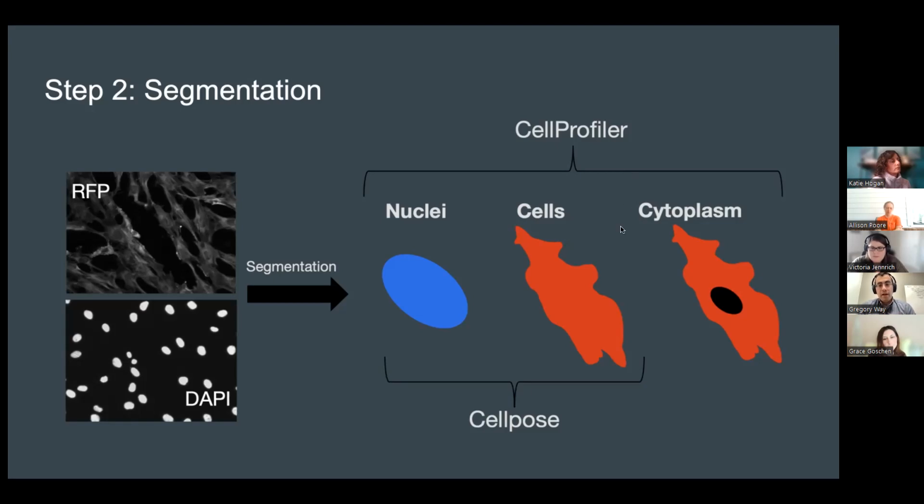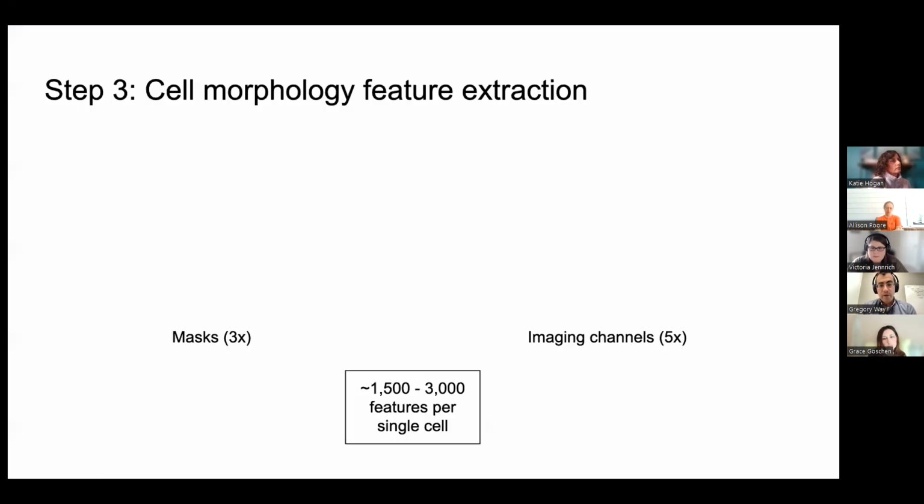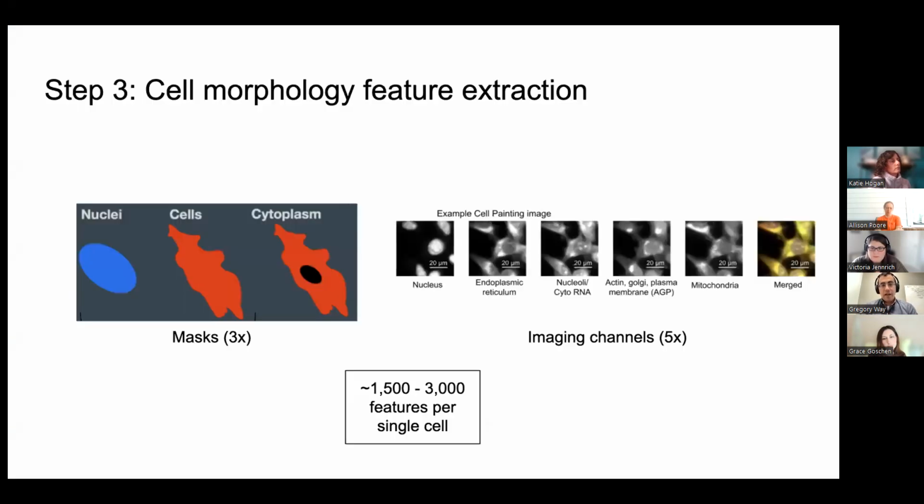And this is important because in the next step, when we perform feature extraction, we perform feature extraction from each of these types of segmentation, which I go to in this slide. So we generate masks. These are just, is this in the foreground or is this in the background? We apply these masks.